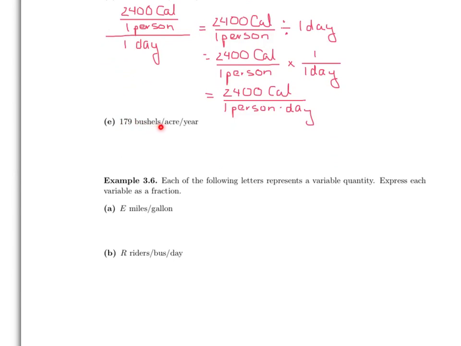"179 bushels per acre per year." So this example is just like our last example. We have two divisions that have to occur, or two words that follow the word per, and we need to express this in fraction form.